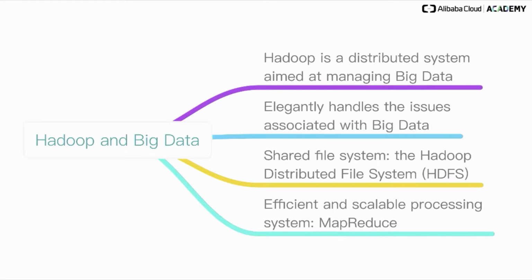HDFS is built to handle files that are GB or even TB in size and can grow to PB in size. It is highly available with no single point of failure. Another system is the efficient and scalable processing system, MapReduce. It can spread the processing load efficiently across many computers, and it's relatively easy to program with no low-level coding needed.